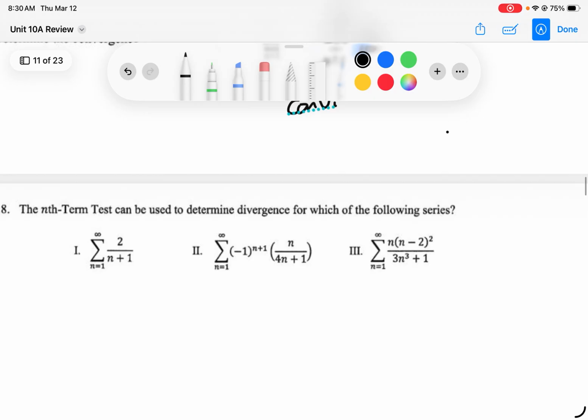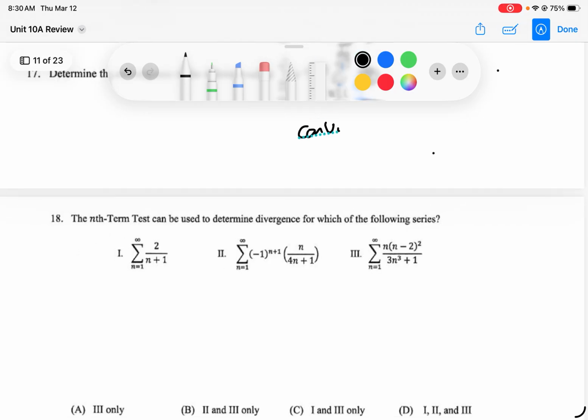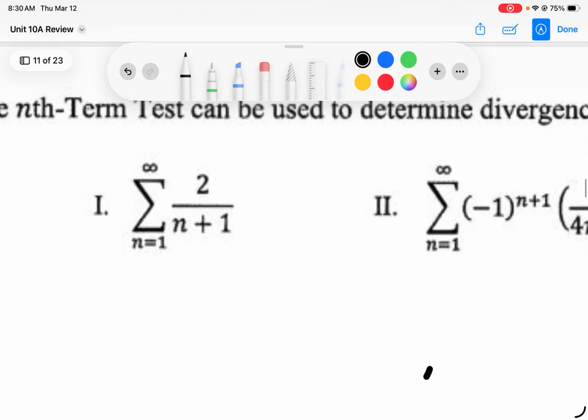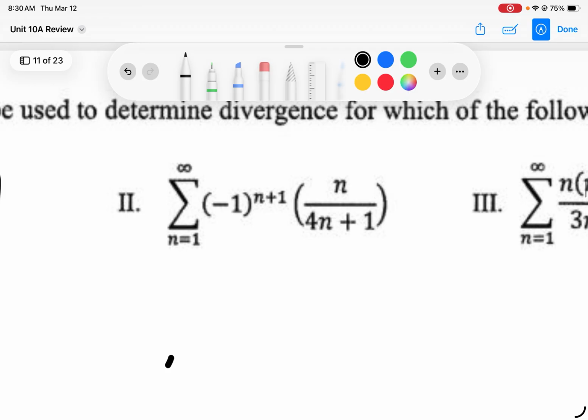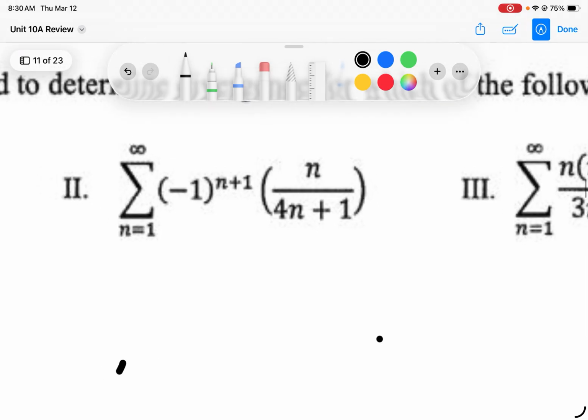All right, last one. The n-term test can be used to determine the divergence for which of the following? Well, the limit can't be 0. For the first one, the limit of just the sequence is 0, so I cannot use the n-term test. This one is alternating, so I would look at the alternating series test.